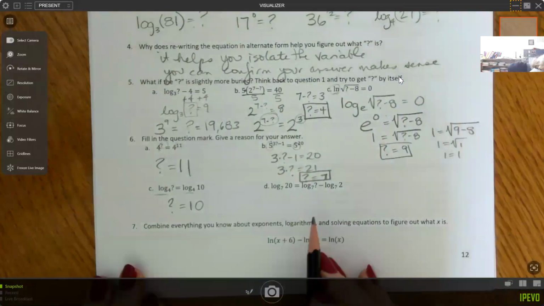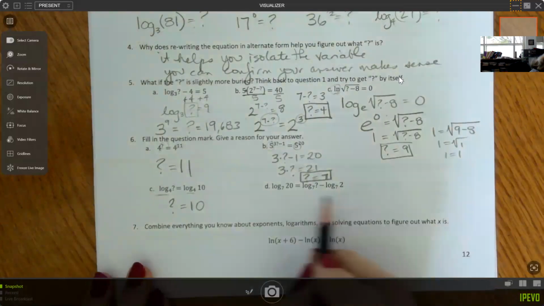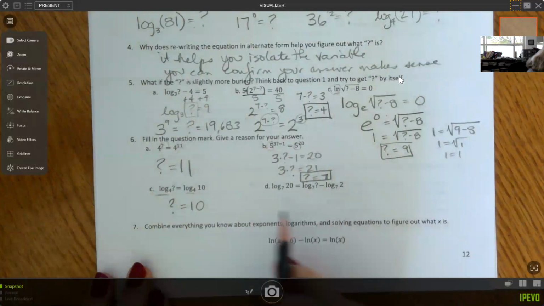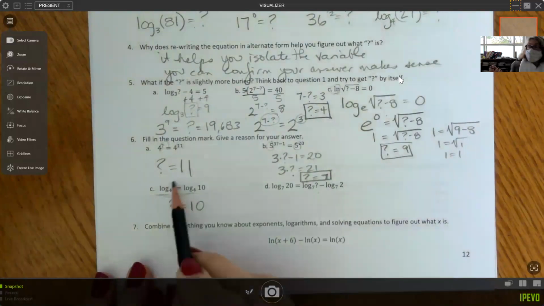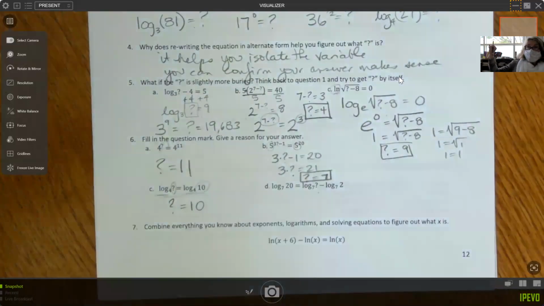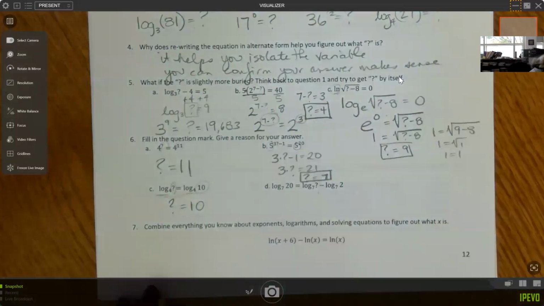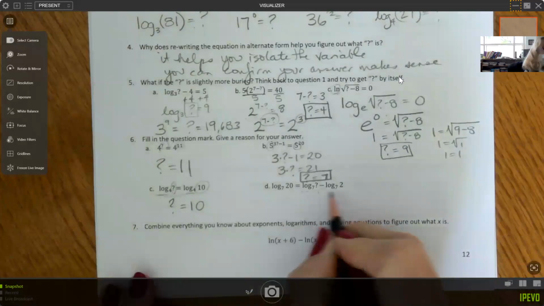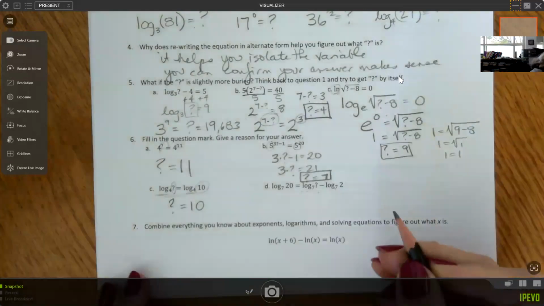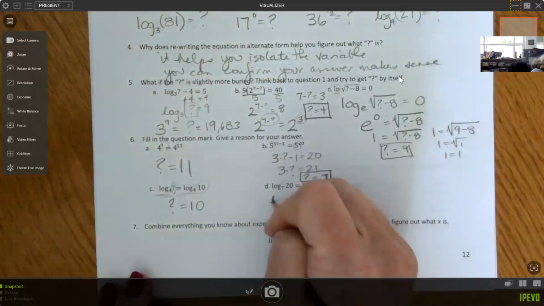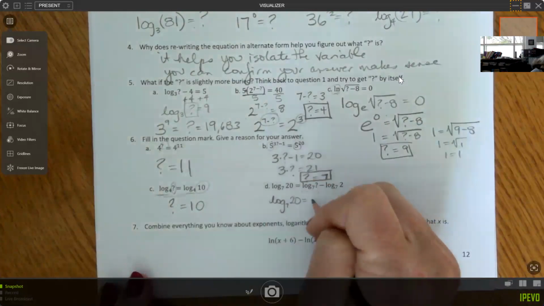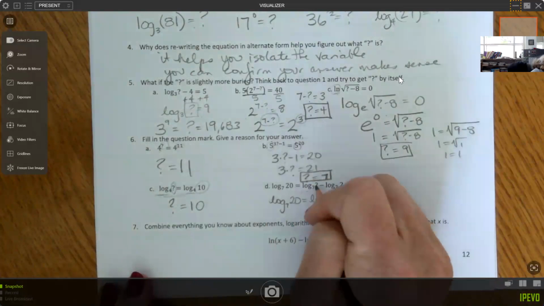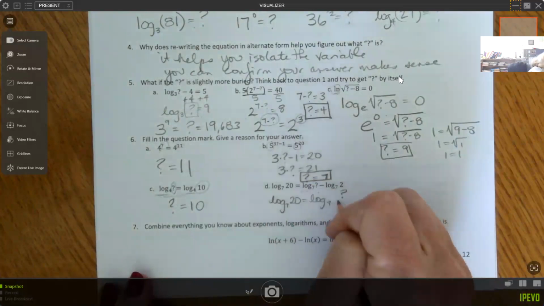Okay, so now this next one, we are going to use our log properties because I would like this one to look more like this, so you could just focus on not the log part. They're both log base 7. I can only do that log property if it's the same base. So I'm going to rewrite this as log base 7 of 20 equals log base 7 of question mark divided by 2.